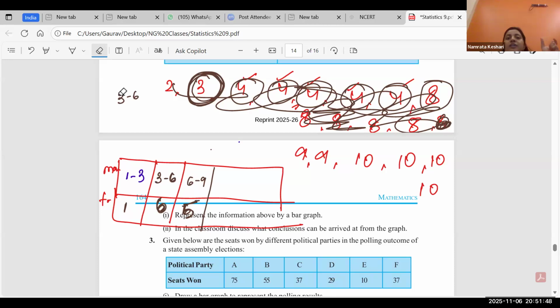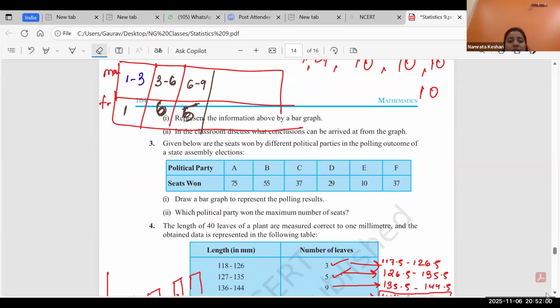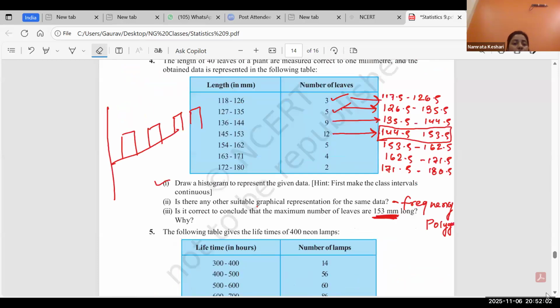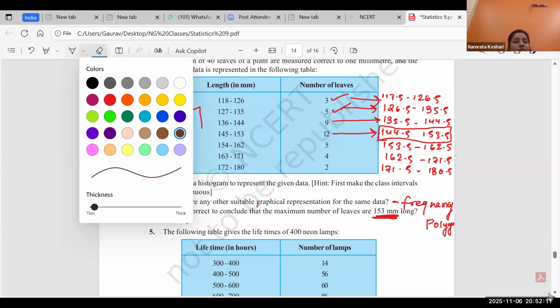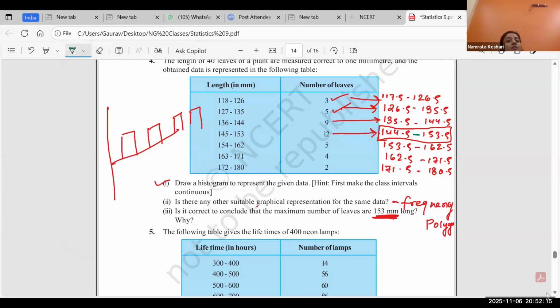Now, in this class interval, which data is repeating itself maximum number of times? We don't know, and we won't be able to say. So that's what we have to say over here. Is it correct to conclude that the maximum number of leaves are 153 millimeter long? No. We don't know the length of the leaf which is repeating itself so many times.